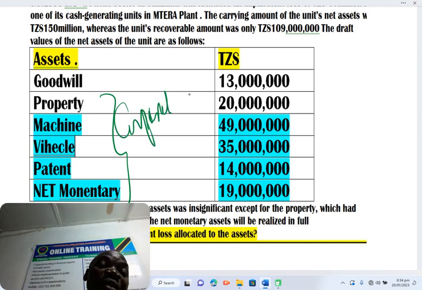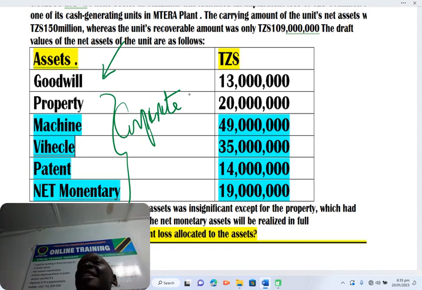Now, the goodwill comes in when the assets are in combination. So goodwill is 13 million, property is 20 million, machine 49, vehicle 35 million, the patent 14 million, and the non-monetary asset is 19. What are these assets? Who can tell me?